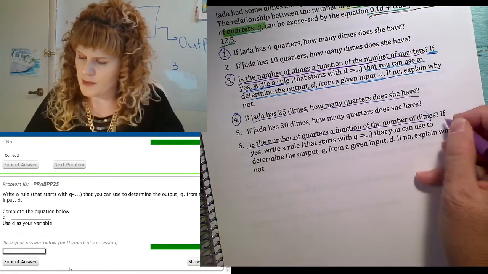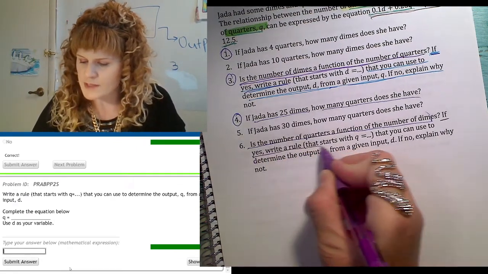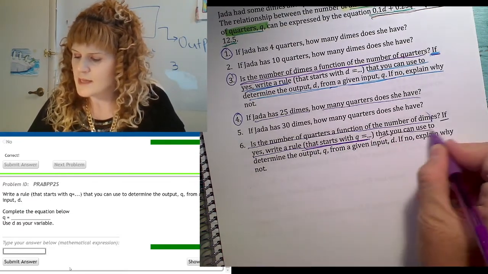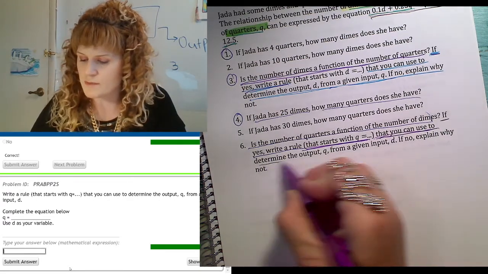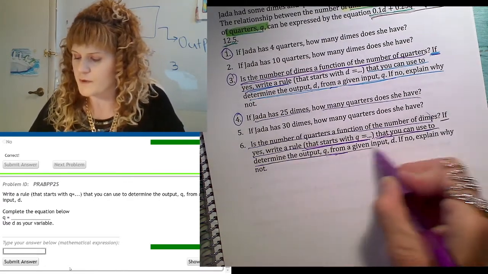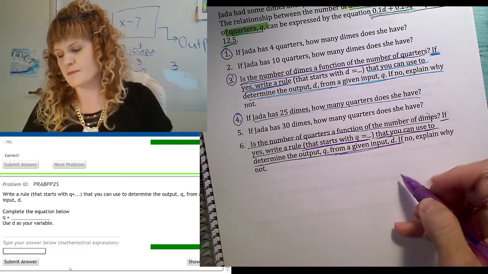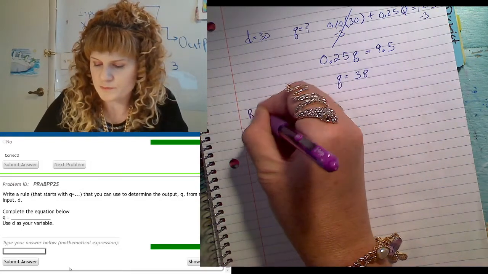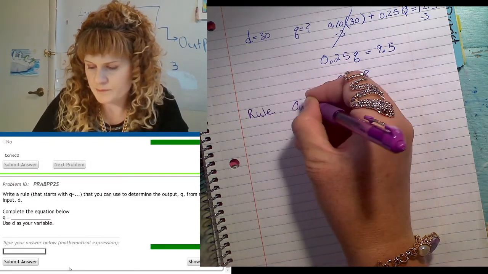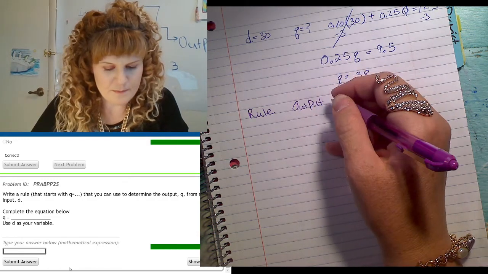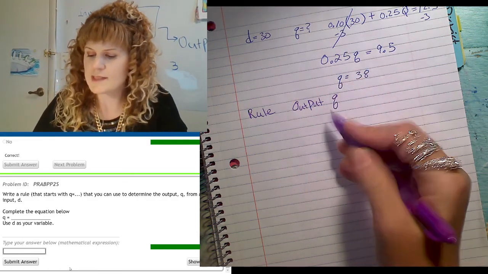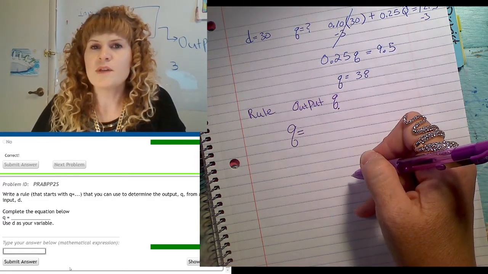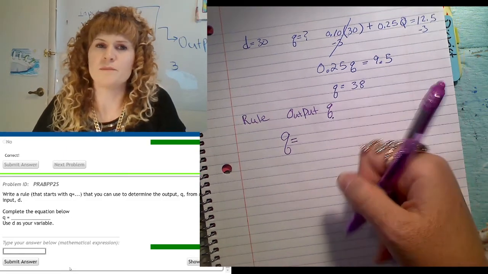The next question is right here. If you answered yes, write a rule that starts with Q equals that you can use to determine the output number of quarters from a given input number of dimes. So I answered yes. Let's write the rule. And the output is Q. So since the output is Q, I know my equation is going to be Q equals. So what does the number of quarters equal?